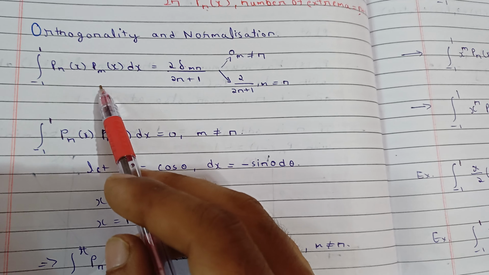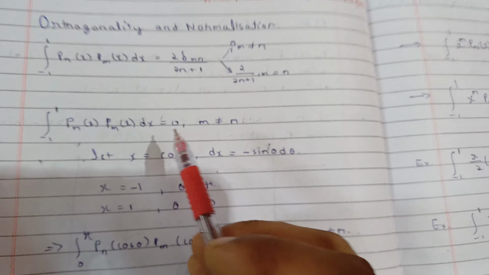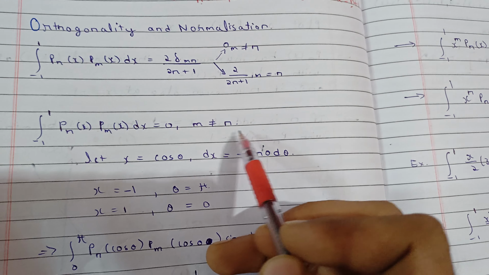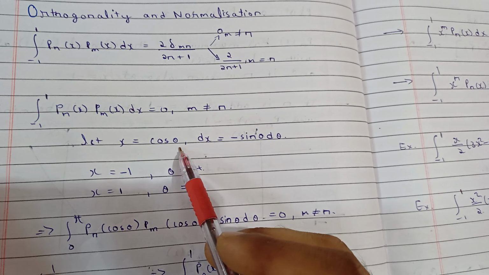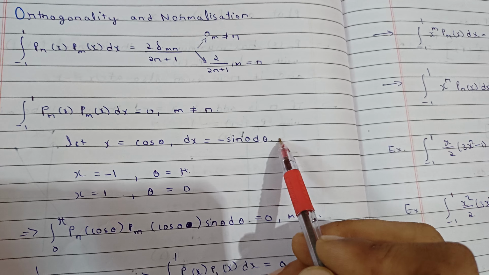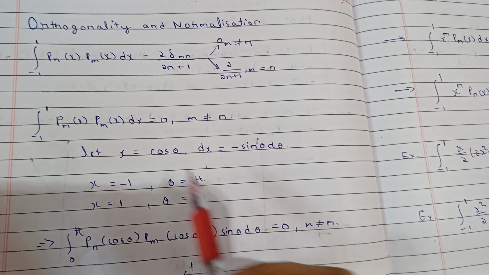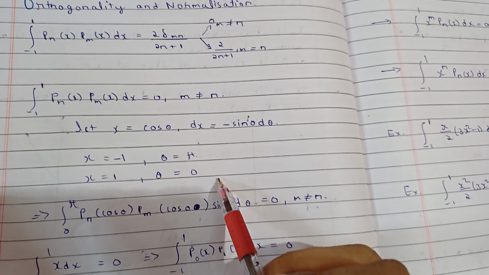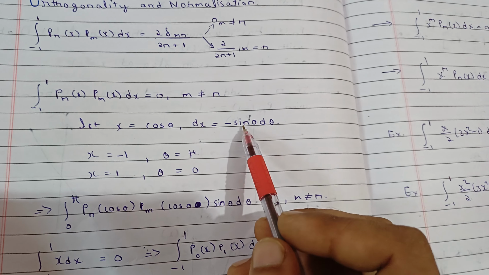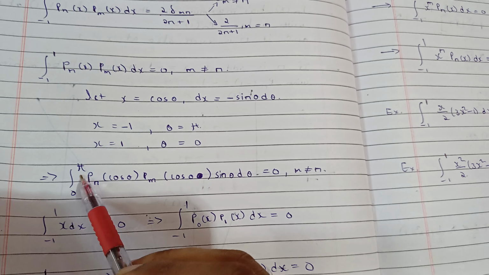You can write this in terms of trigonometric ratios also. Let's assume x equal to cos theta, when m is not equal to n, so this must be 0. So x equal to cos theta will give you dx equal to minus sin theta d theta. Now the limit will be changed. For x equal to minus 1, theta will be pi, and for x equal to 1, theta will be 0. So it will be pi to 0, but because of this minus sign, the limit will change to 0 to pi.